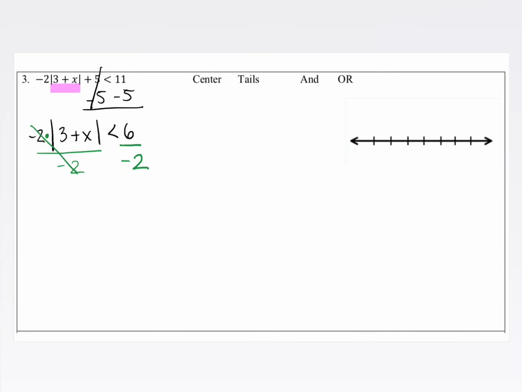On the left-hand side, that reduces to 1 times that absolute value, or just the absolute value of 3 plus x. And on the right-hand side, we have 6 divided by negative 2, which gives us negative 3. Now here, because we are dividing by a negative number, we have to flip our inequality sign. So think back to Algebra 2 topic 3.